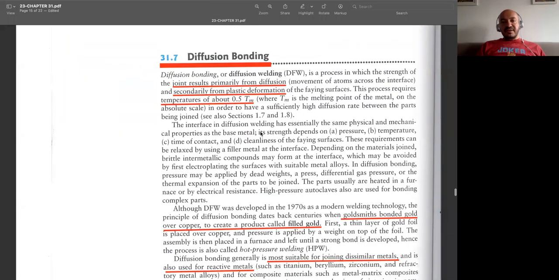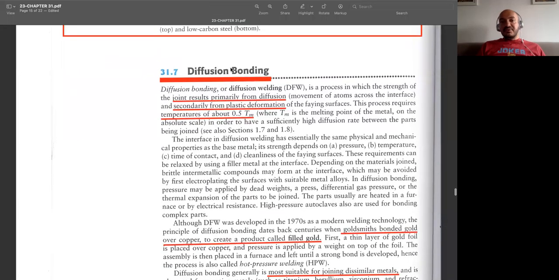Then we have diffusion bonding, and in diffusion bonding, obviously, the primary joint forms due to diffusion. In this primary operation, the atoms are moving in between the products, at the interface. And the secondary joining is plastic deformation.